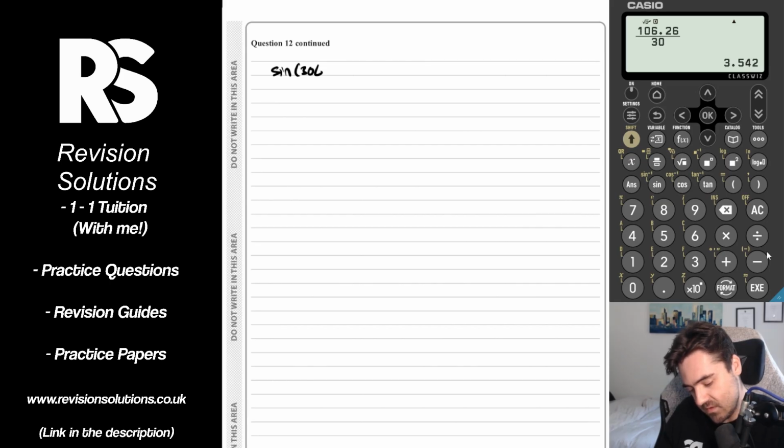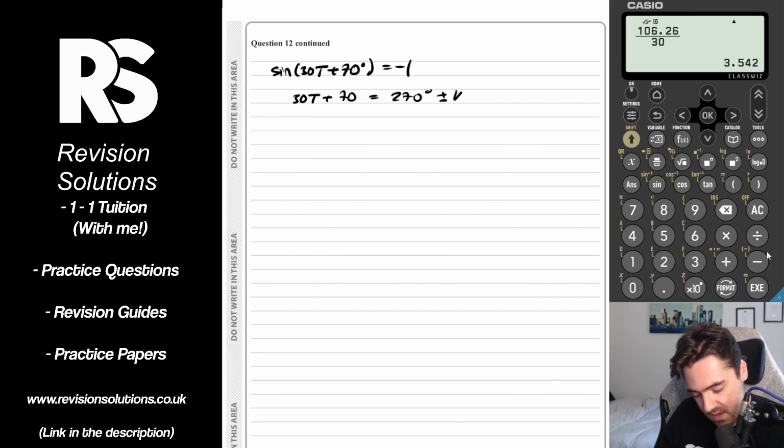Let's call it capital T, because that's what it actually said it was. It equals -1. If we think about that on the sine graph, that happens when the angle goes to 270 degrees. And just in case we need the solutions again, I'm going to say plus or minus k amounts of 360 degrees.